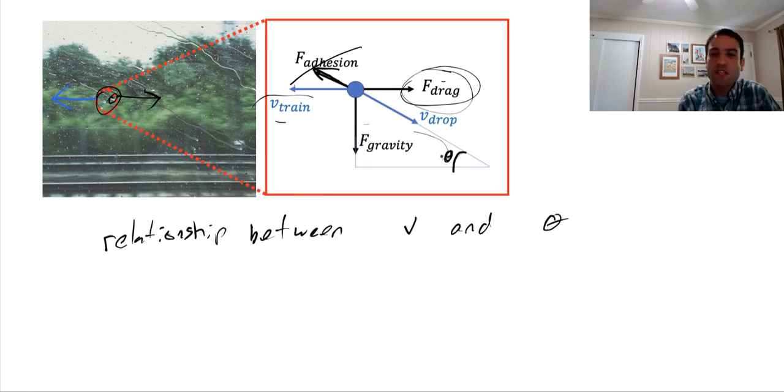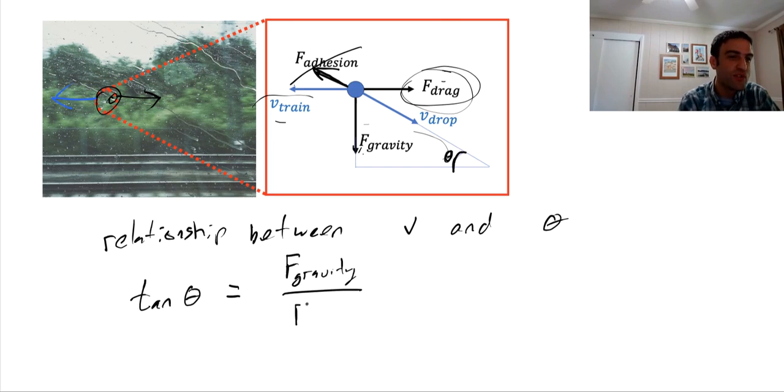Okay, so if this angle just depends on the relative magnitude, this competition between gravity and the drag force, we can use our basic geometrical understanding to say that the tangent of this angle, tan theta, is opposite over adjacent. That has to be set by the ratio of the force of gravity to this drag force.